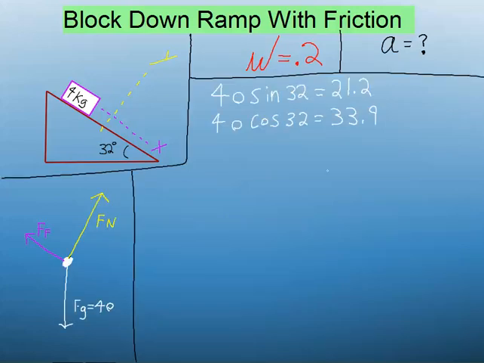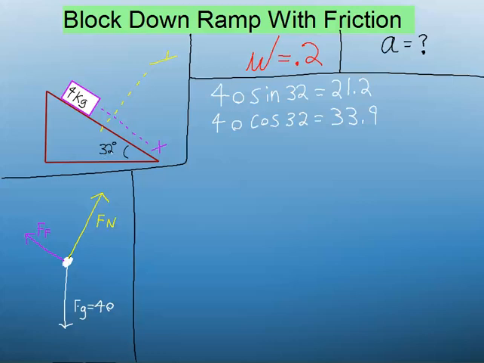Just like for the last block on a ramp, we've got to break the force of gravity into its x and y components. And in order to do that, I just do some tricks. So we've got 40 times sine of 32 and 40 times cosine of 32. And now we have to make up our minds for which one is which. What is stronger on a 32-degree ramp, which isn't a very steep ramp?